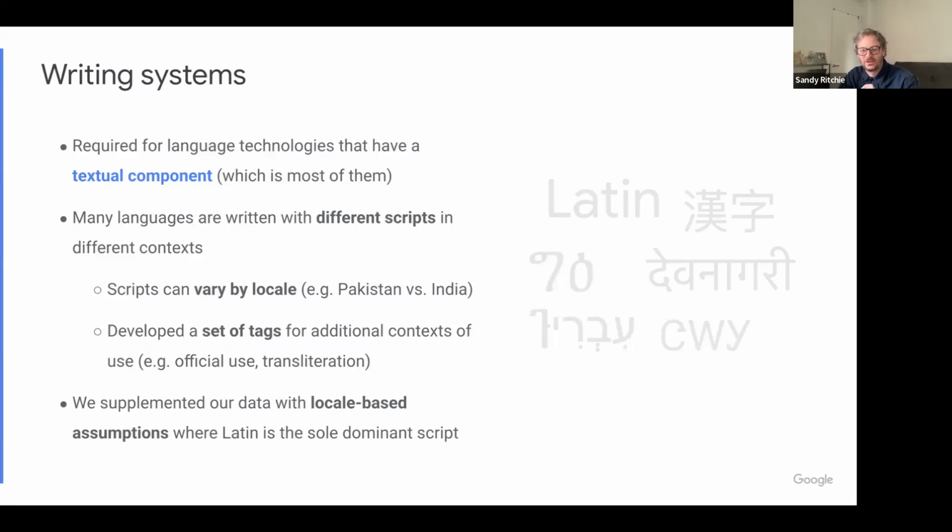As well as the script tag itself, we have also developed a set of tags for scripts. As well as there being multiple scripts for a language, another issue is that the scripts used for a language are not always used for the same purposes. Sometimes one will only have an official use, but there's another script used in reality by the population, or a script used for transliteration, or things like Braille, which are used for accessibility purposes, to write language but only for a specific group.